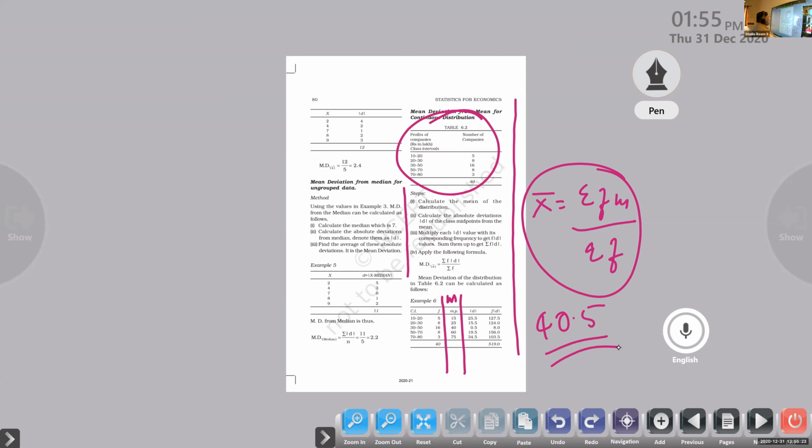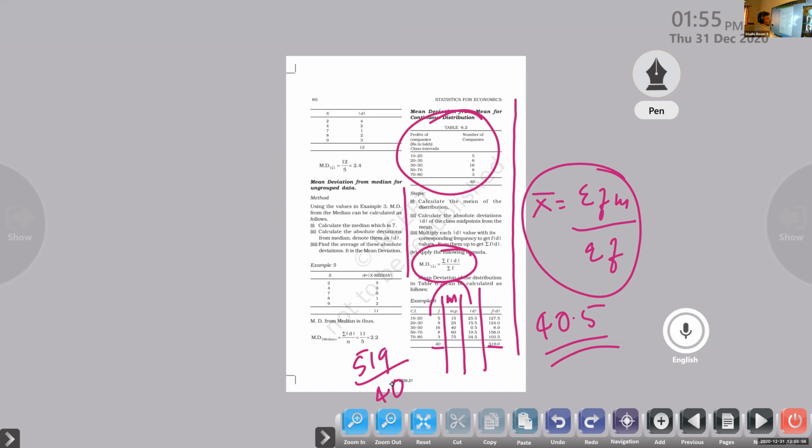Finally we got M, D and FD, that is F into D. So 5 into 25.5, 8 into 15.5, like that. Again the sum total is 519 here, and the sum of the frequencies is 40. Applying these values, MD for mean is sigma FD divided by sigma F, so 519 divided by 40.